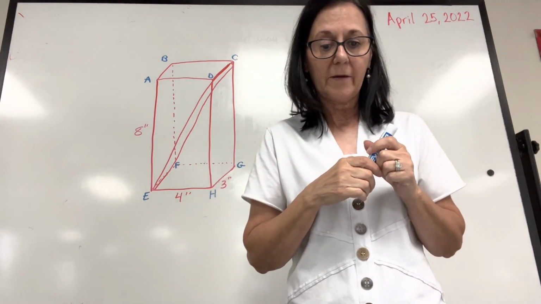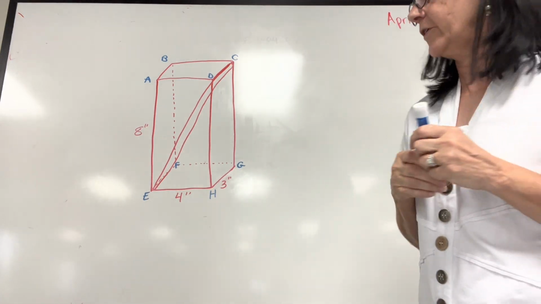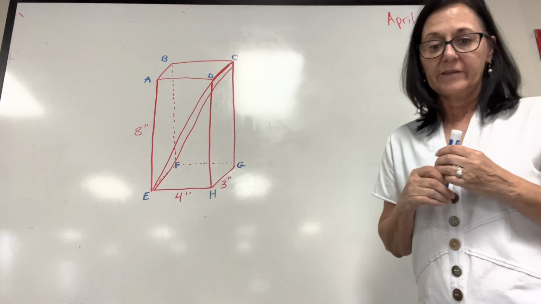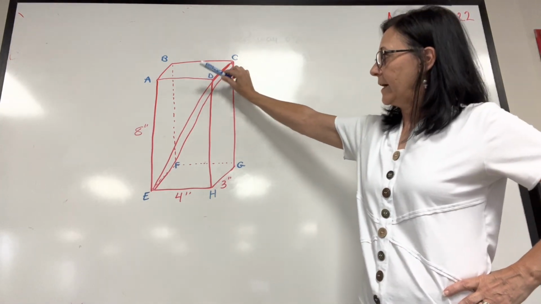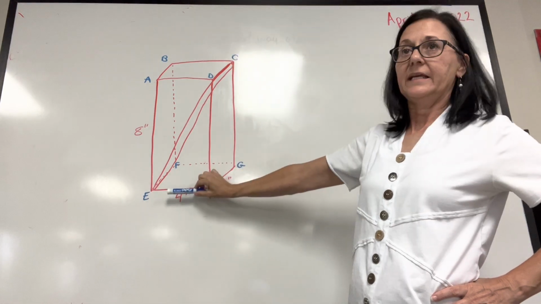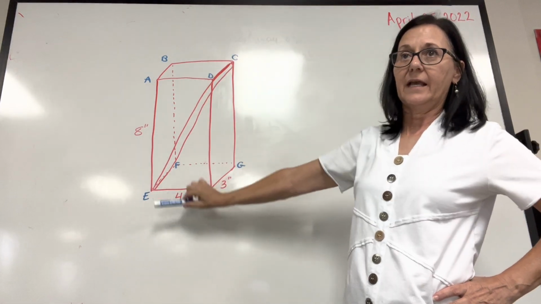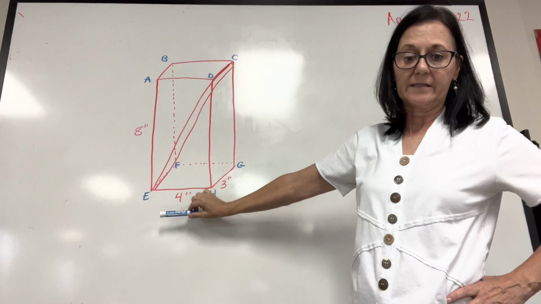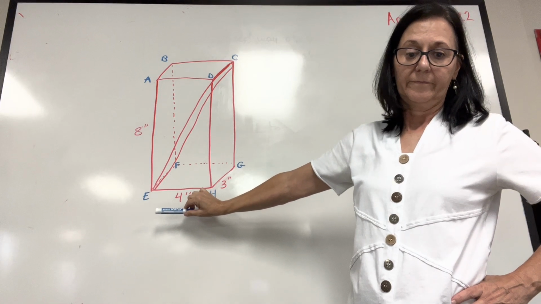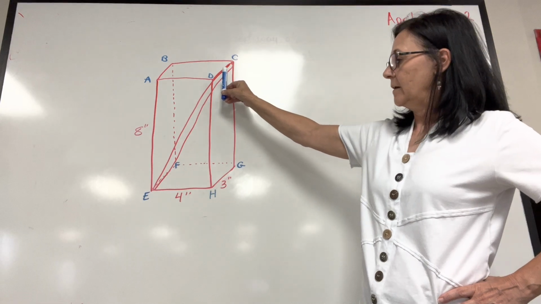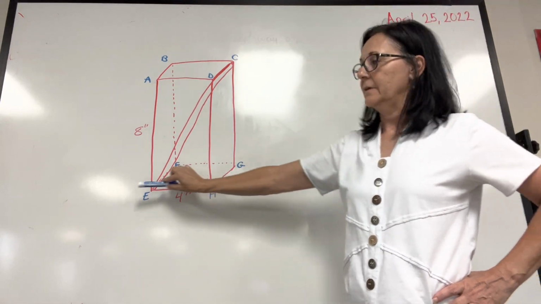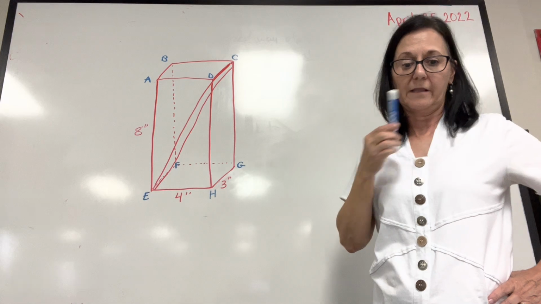Let's talk about this. There are faces, edges, and vertices. The faces are the planes, like a face is ADEH. Do you see that? That is a face. The edges are where the planes intersect, like DH, EH.